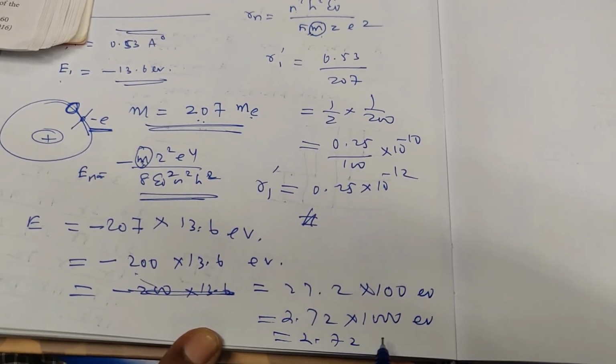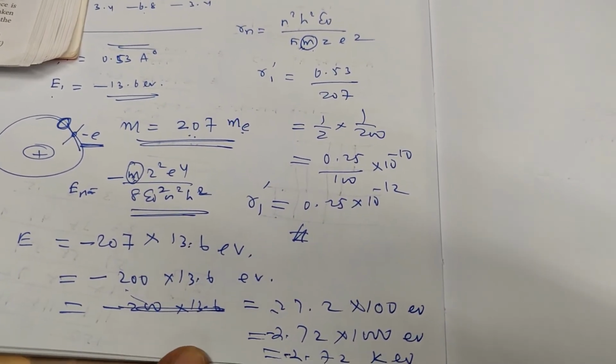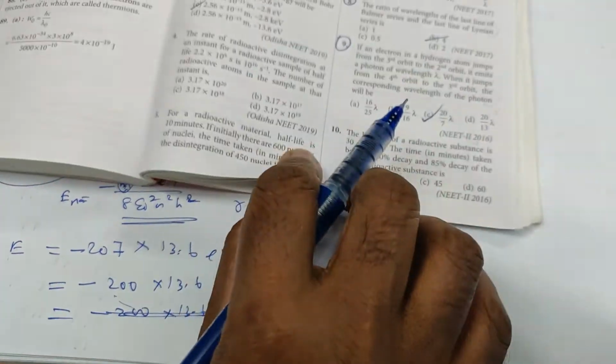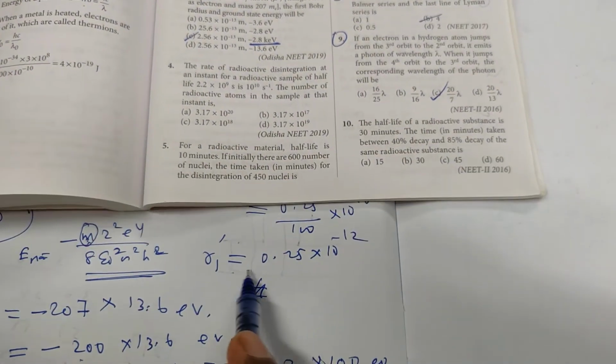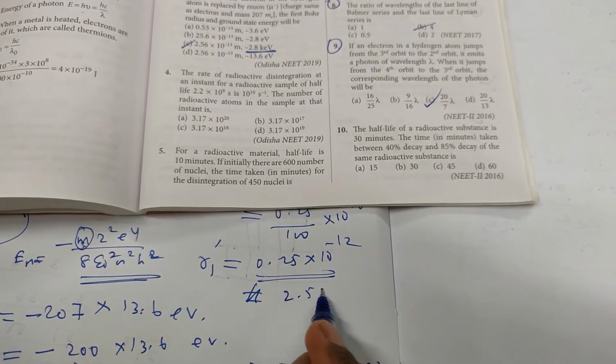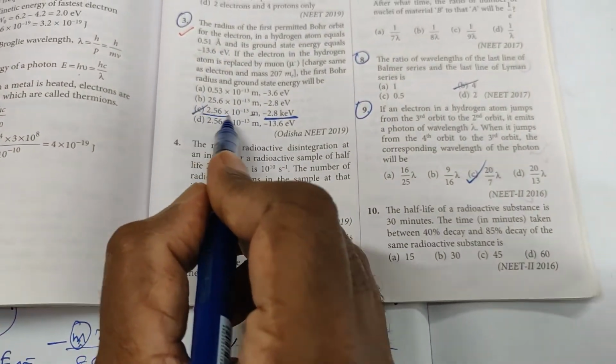So this is 2.72 kilo electron volt. There is a minus everywhere, so it is negative. So come to this answer. The energy should be minus 2.72 kilo electron volt. And the radius should be 2.5 into 10 power minus 13 meter. Okay, you understand?